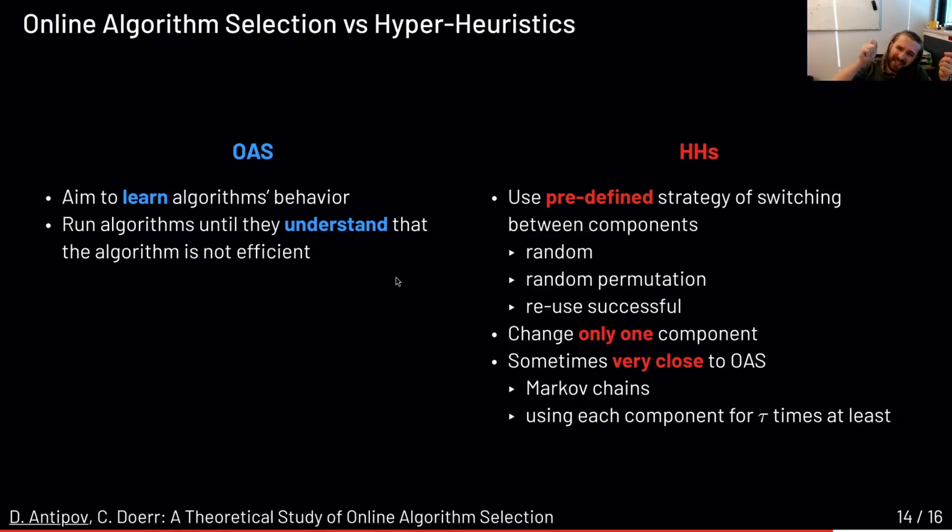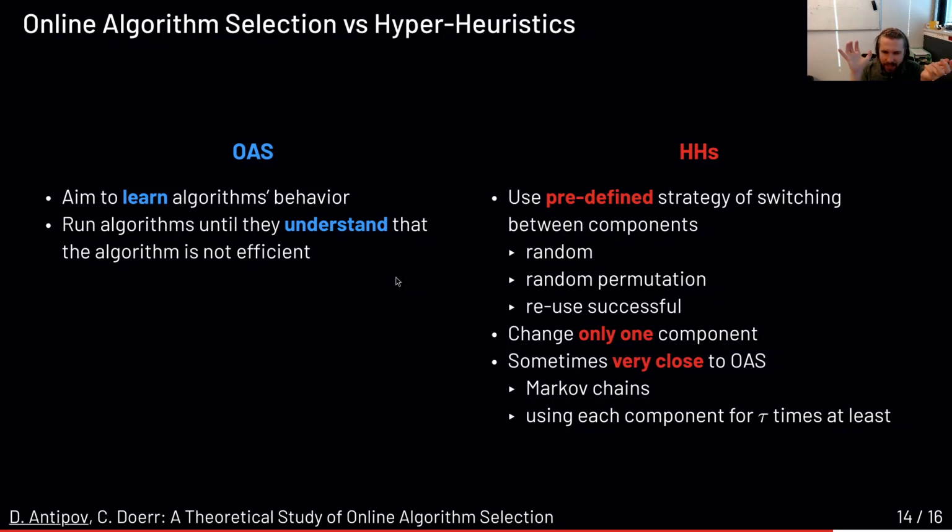But we see it as a slightly different paradigm, because online algorithm selection aims at learning algorithms' behavior and runs an algorithm until our algorithm selection algorithm understands that it's not efficient anymore. While hyperheuristics usually use some predefined mechanisms, like using a random heuristic or reusing some successful heuristic, and they often change only one component.